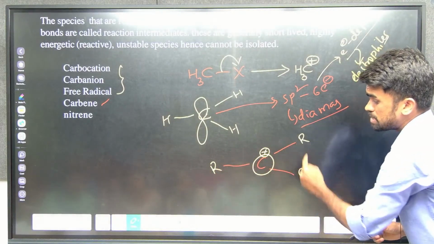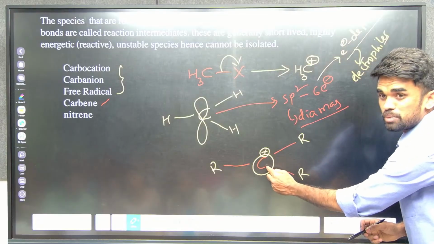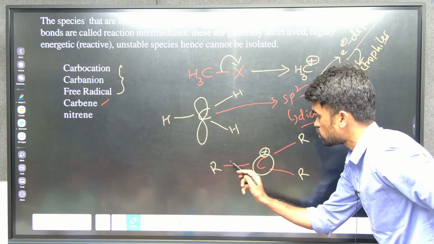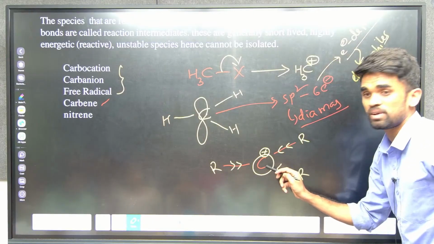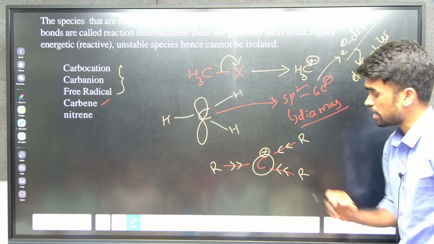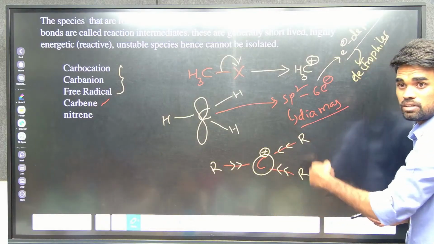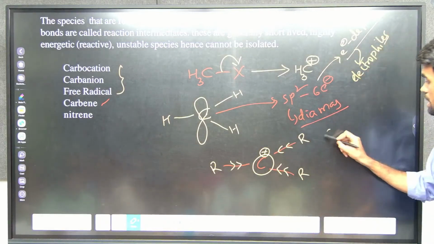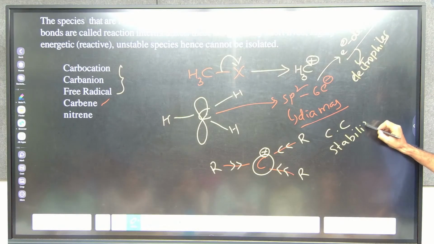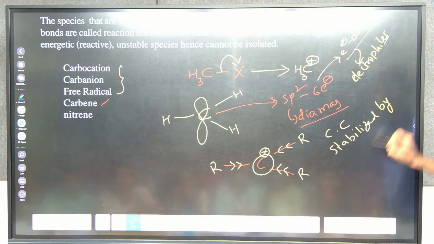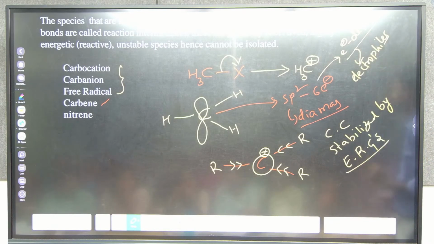Now what types of groups can donate electrons into this carbocation? Electron releasing groups. If they release electrons like this, the carbon's deficiency will be sorted out. So carbocations are stabilized by electron releasing groups.